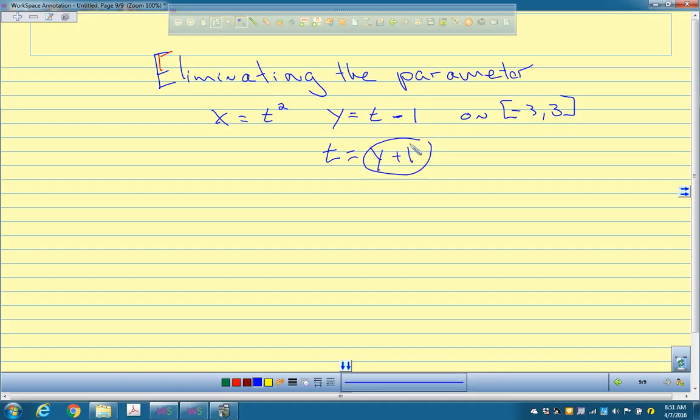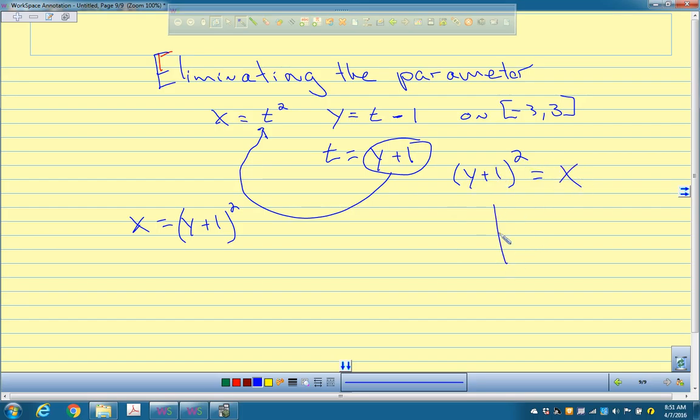If I take y plus 1 and plug it into this equation, we get x is equal to y plus 1 quantity squared, okay? Which is the same as writing y plus 1 quantity squared is equal to x, right? Which is a sideways parabola with the vertex where?